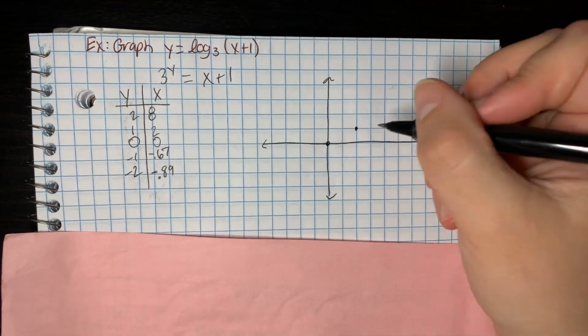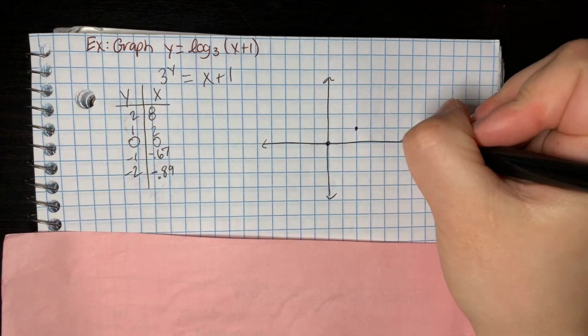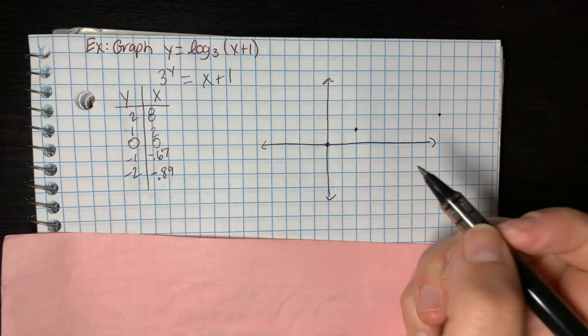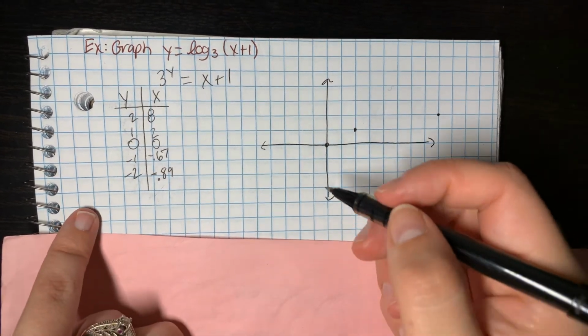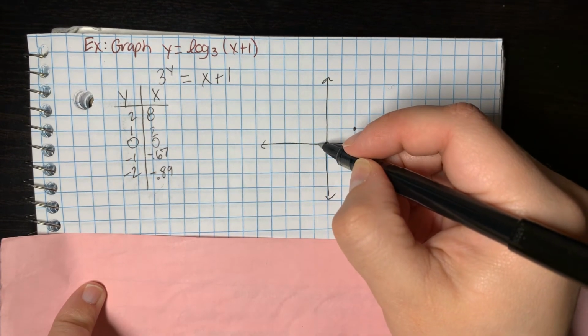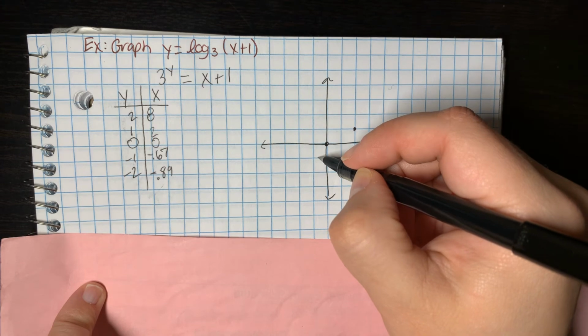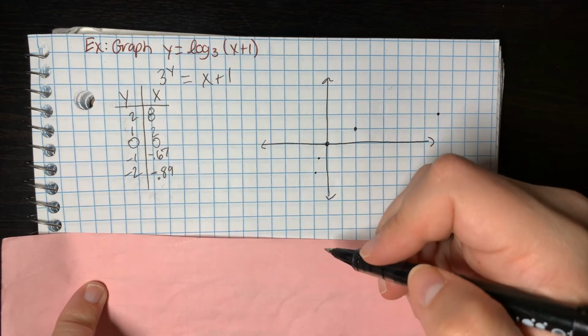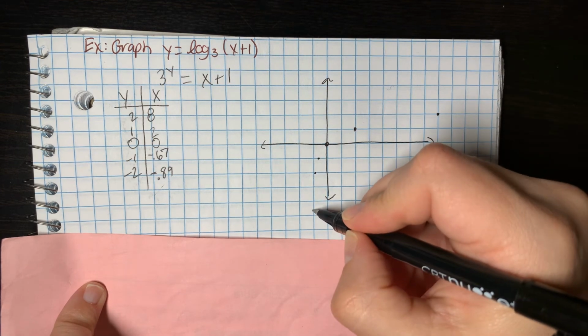Then 8, 2, and -0.67, -1. My graph's going to look something like this.